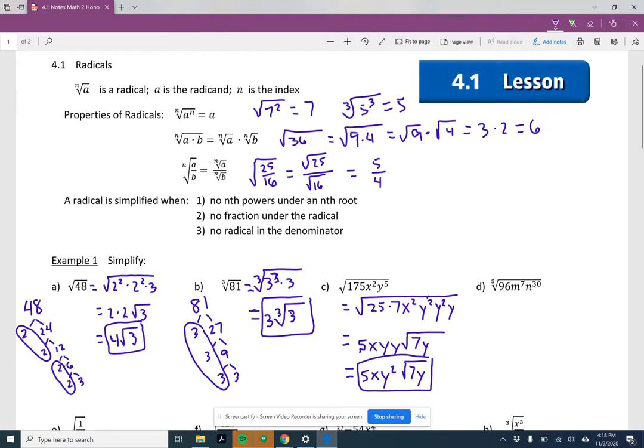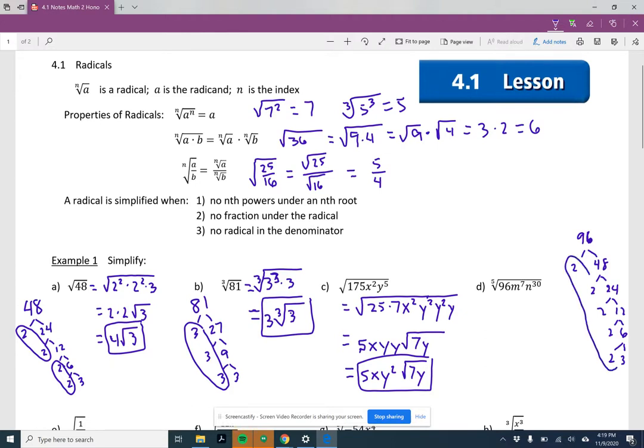All right, fifth root of 96, m to the 7th, n to the 30th. Now we are looking for fifth powers. I need a factor that's raised to the fifth power, because fifth roots undo fifth powers. So we're going to break this down. 2 and 48, 2 and 24, 2 and 12, 2 and 6, 2 and 3. 1, 2, 3, 4, 5 2s.